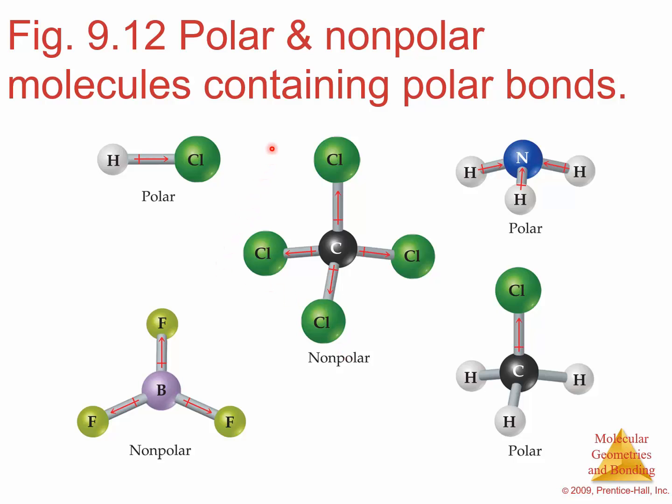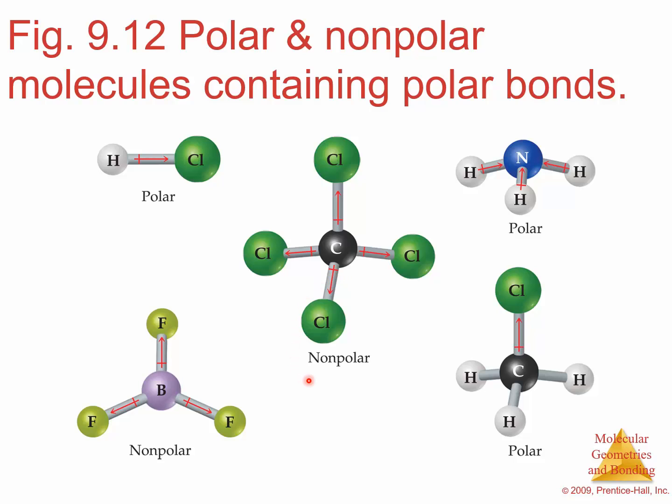Now this figure shows some polar and non-polar molecules, all with polar bonds. The molecules in which the central atom is symmetrically surrounded by identical atoms, like BF3 for example, and CCl4, are non-polar.